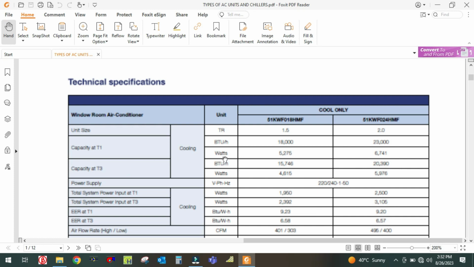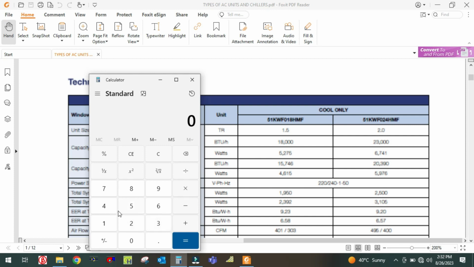And this is in watt. If you convert this tonnage into watt, you will get it here 5,275 watt, and here 6,741 watt. So how to convert this? Just multiply by 3.5. So 1.5 into 3.5, we are just verifying.